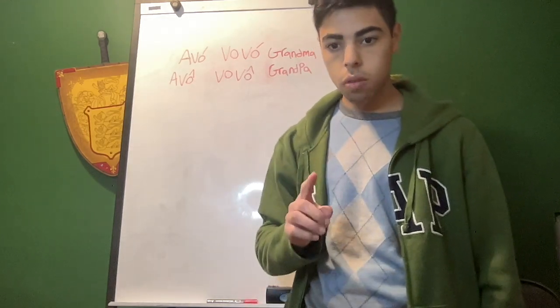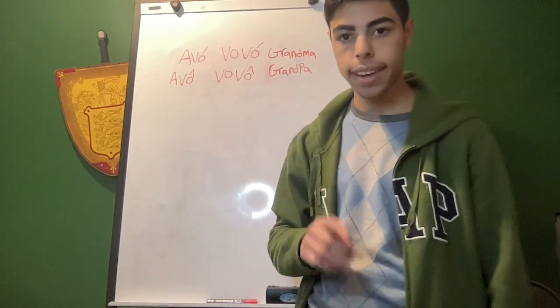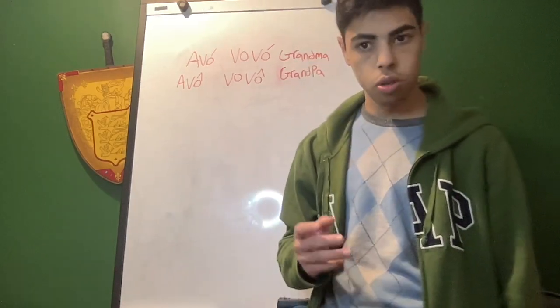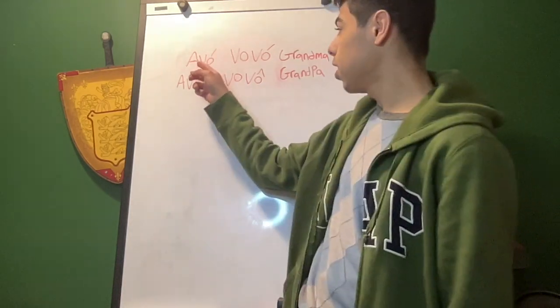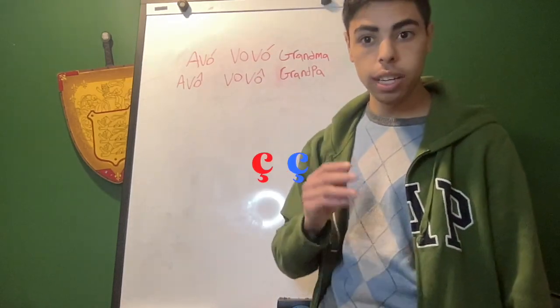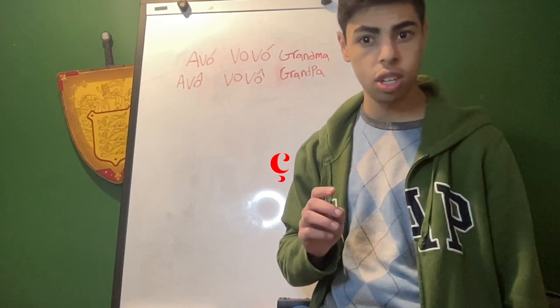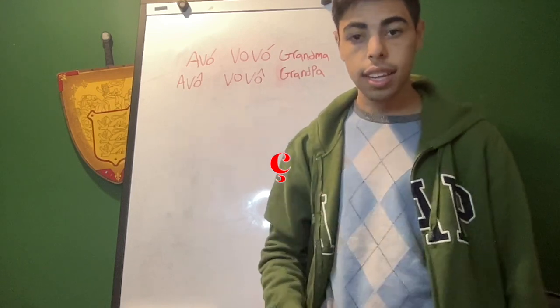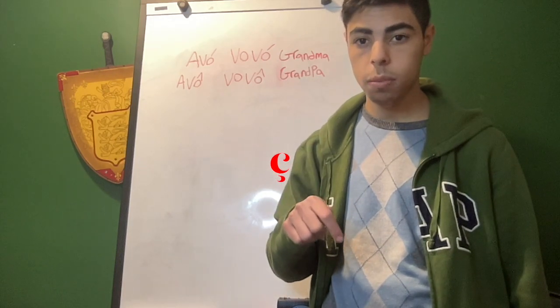Just so you know, all the accents in Portuguese are always on top of the vowels, except for the cedilha C. That's not called an accent. It's only called a cedilha because it's underneath a consonant in Portuguese.